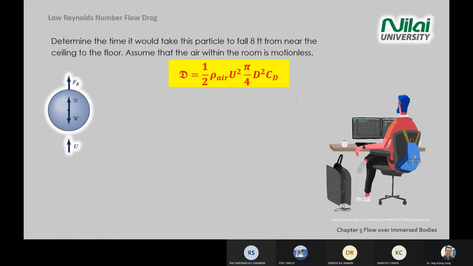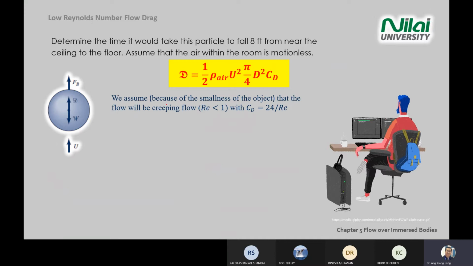In this case, for simplification, we assume that our Reynolds number is less than 1. So we can use the equation 24 divided by RE from the diagram I showed you just now.